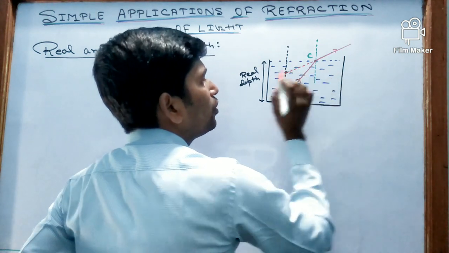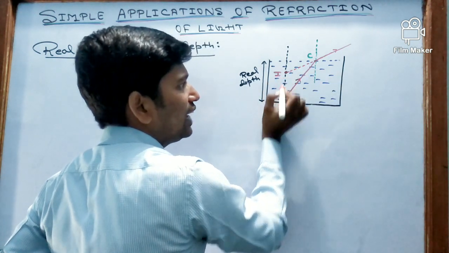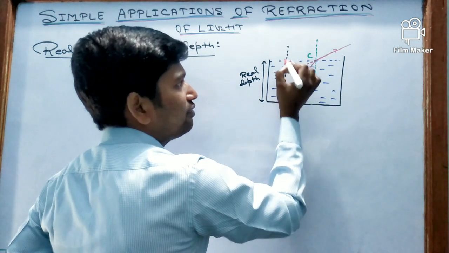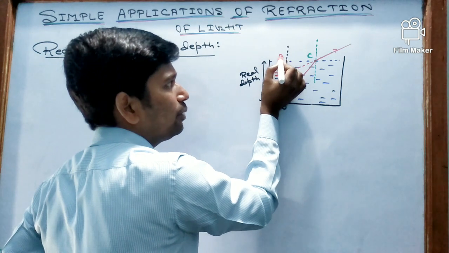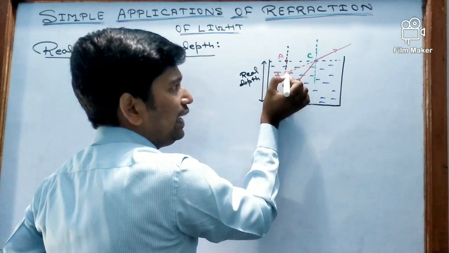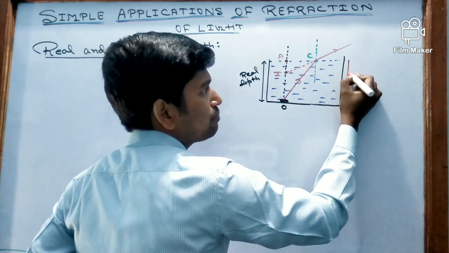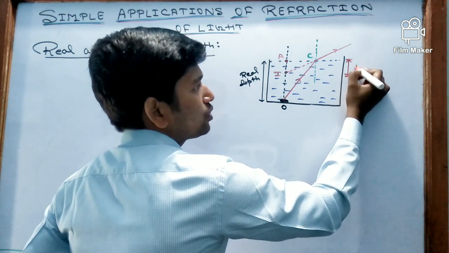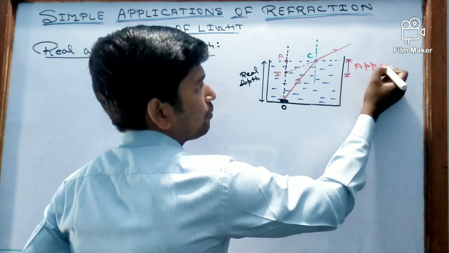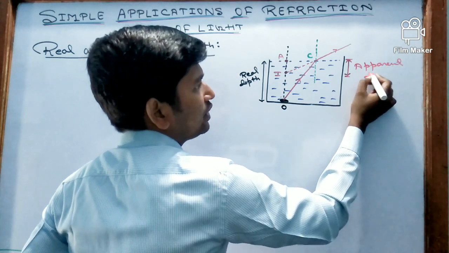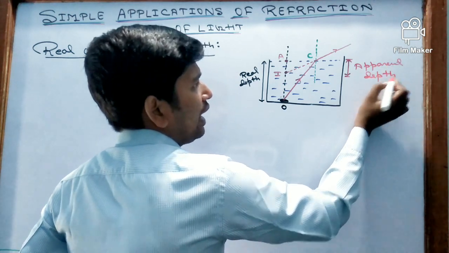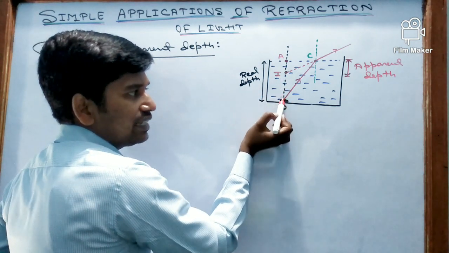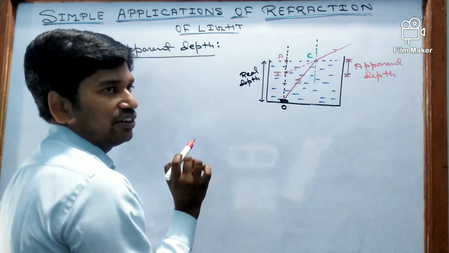At this point, we will see the image of that object O at point I, and suppose this point be A. So AI, that means this much depth, is known as the apparent depth, and this IO is known as the normal shift.